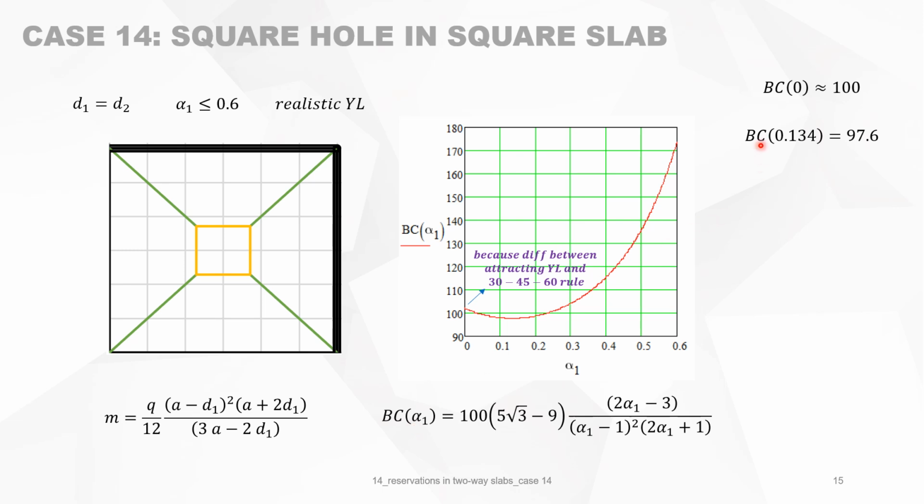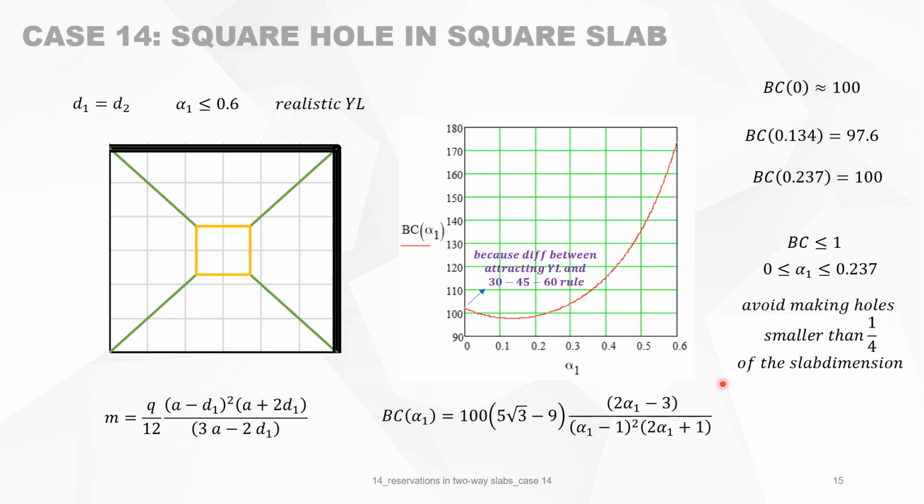And then we will see that for alpha 1 between 0.1 and 0.237, you will have, for instance, here 100%, and for this one you have the maximum loss, which is only 2.4%, so that's negligible. So you can say that for a square hole in a square slab, you do not have any significant loss of bearing capacity.